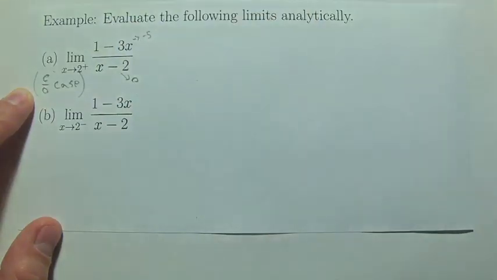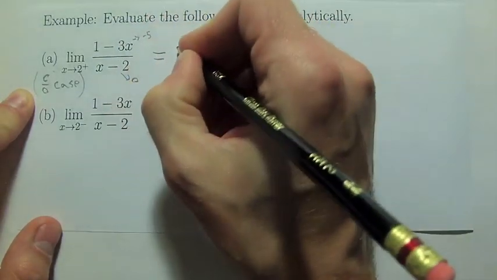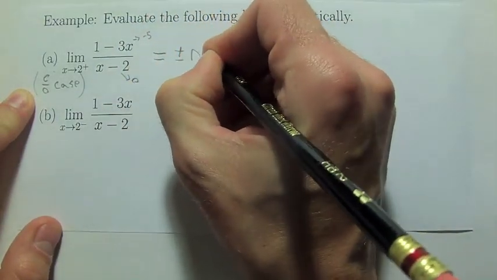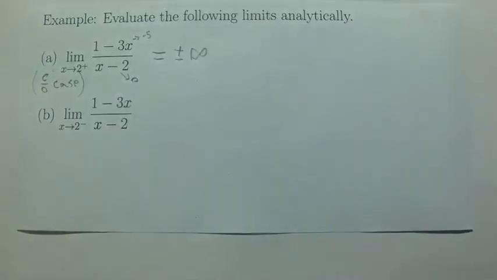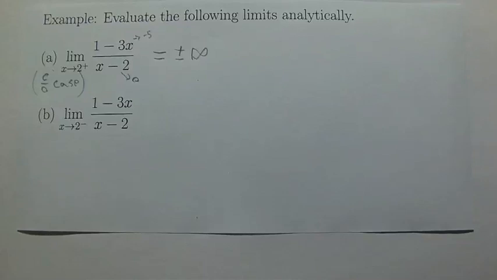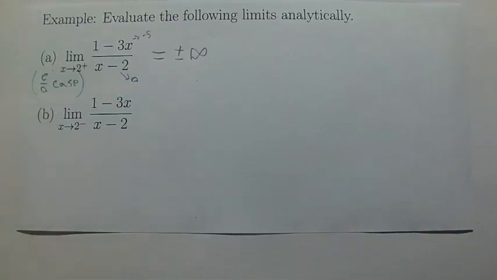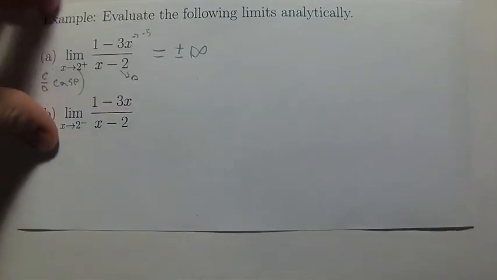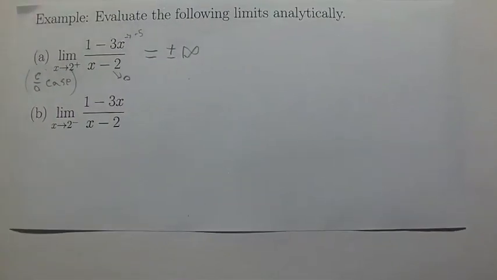That means that this limit is going to be plus or minus infinity. I know that, right? It's a one-sided limit. It's constant divided by 0, I should say. I know it's going to be either positive or negative infinity. So really the question is, which one is it?